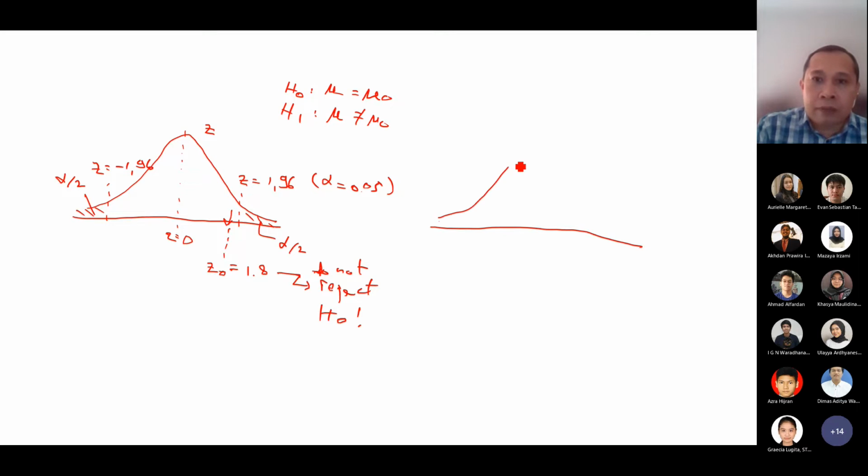So now the alpha, the 0.05 alpha, is all collected on the right hand side, right? Sorry about that, I need to write down this one here. So H naught is still like this, but now it is argued that H1 can be converted into this one for some reason.